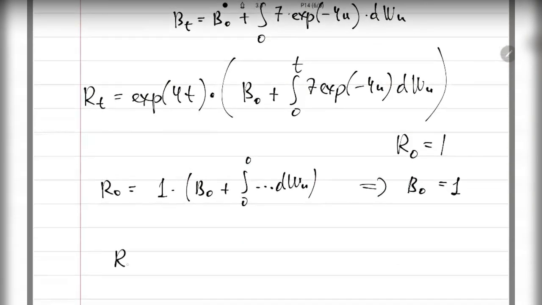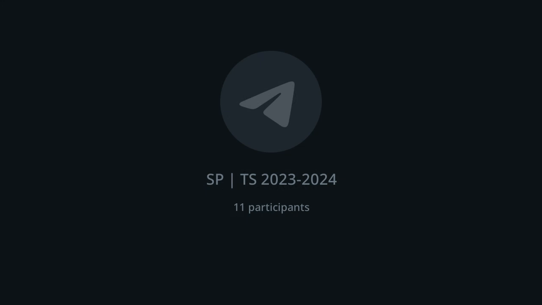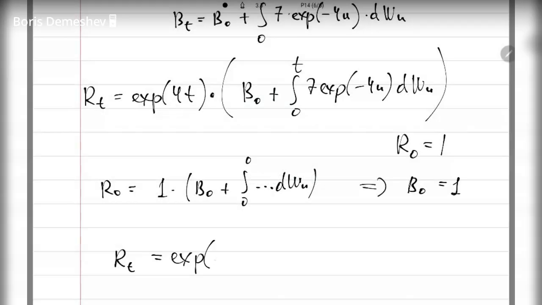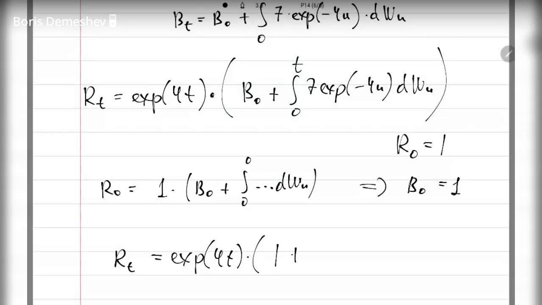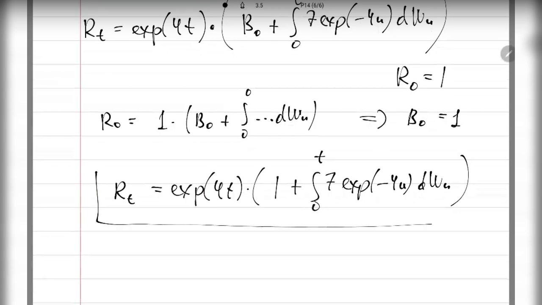And our final expression for this Rt, normally that can be a model of an interest rate, is exponent of 4t, but with other parameters, with a negative value inside instead of 4, it's a good model for interest rate R. So Rt is exponent of 4t times 1 plus integral from 0 to t of 7 exponent of minus 4u dWu. That's a solution to our stochastic differential equation.